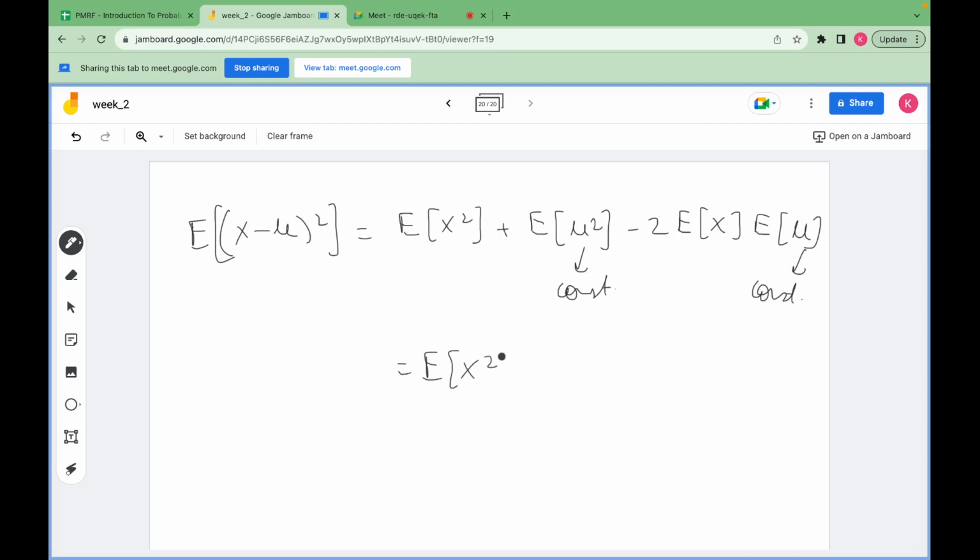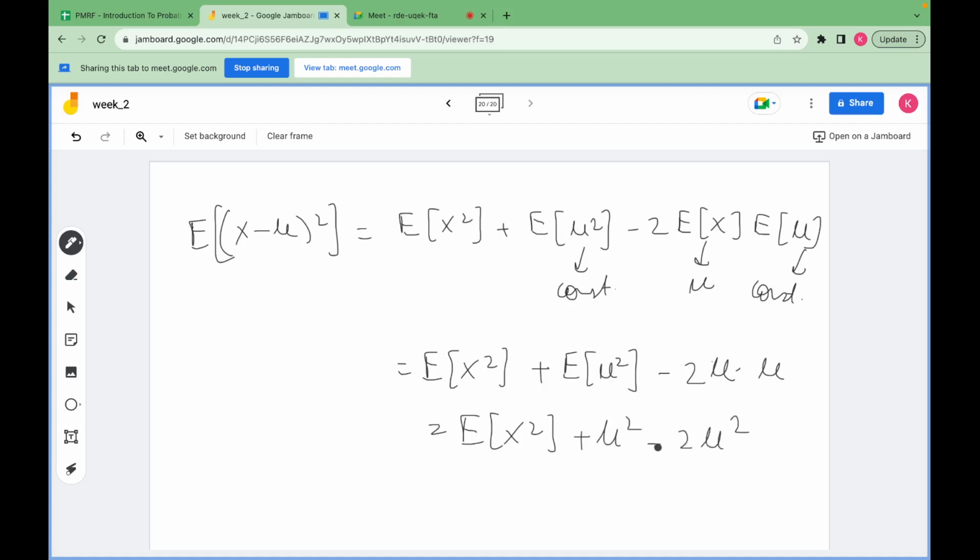It becomes the expectation of x square plus mu square minus 2 mu times mu, since the expectation of x is mu. So this is the expectation of x square minus the square of the expectation of x. This is the variance of x.